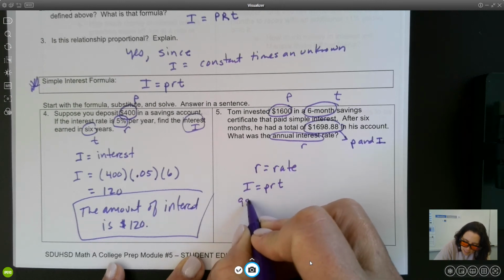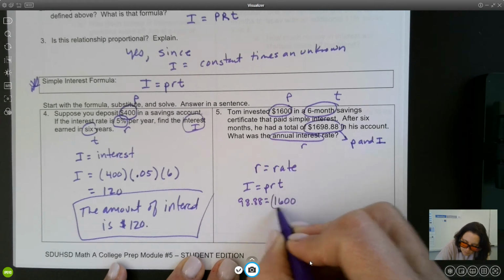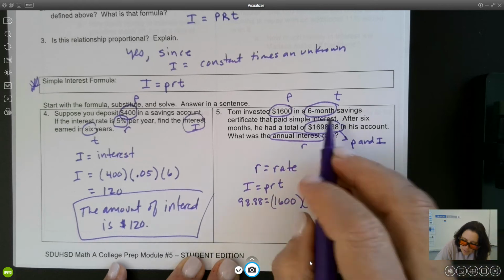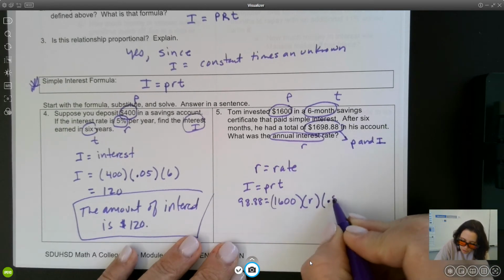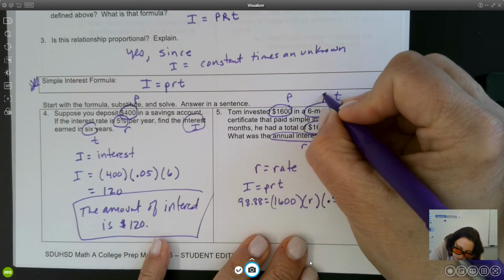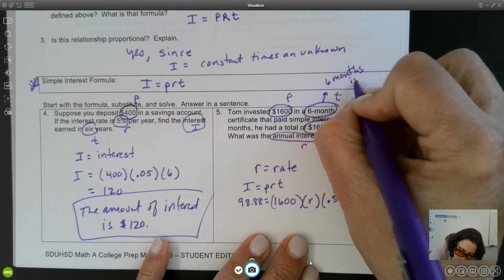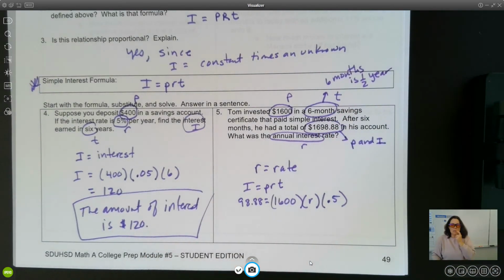So that's 98.88 equal principal, rate, 6 months, be careful, years, 0.5. Okay, so let me write a little note here. 6 months is half a year. That's where I got the 0.5.